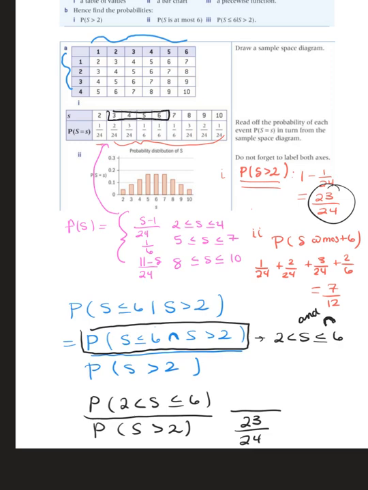Another way to write that would be the probability that S is between 3 and 6, and just change the inequality sign there. Those things are saying the same thing. So I can add 2 over 24 plus 3 over 24 plus 2 over 6, which gives me 39 over 72, which reduces to 13 over 24. Well, you flip and multiply, you end up with 13 over 23.